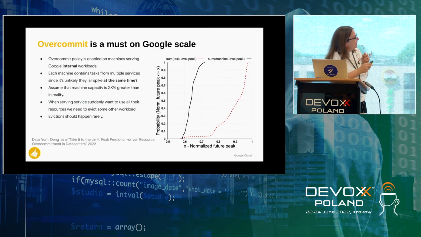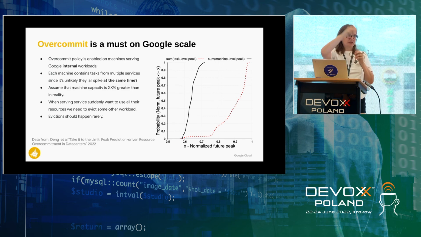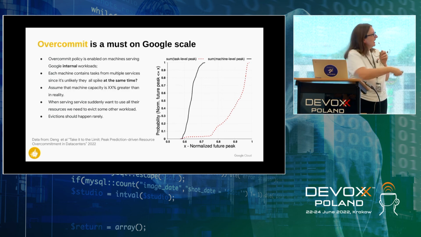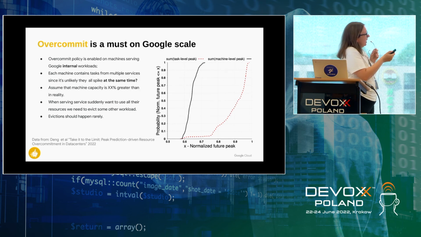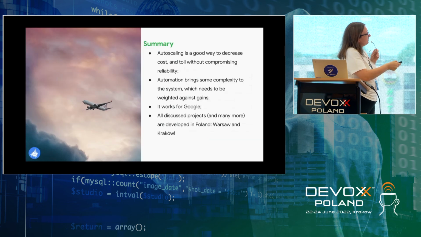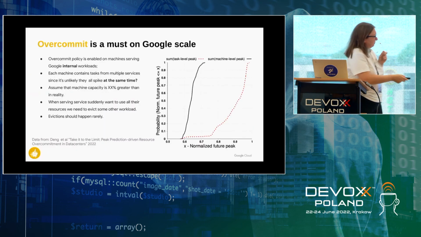So basically, you can think about it that one is when you add the peaks of all the jobs, services that you put on the machine, and the other is the peak of the summed usage.